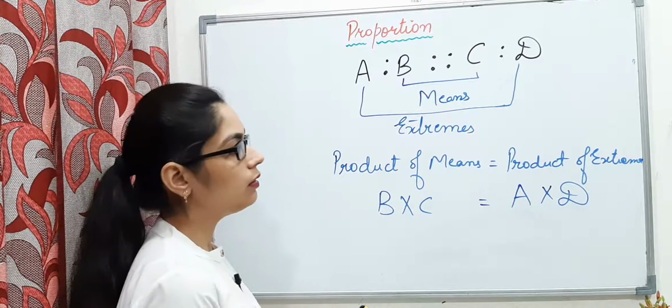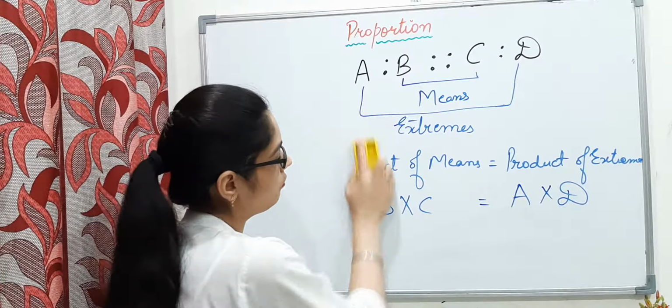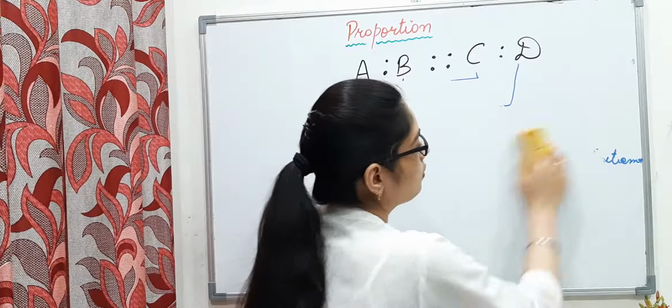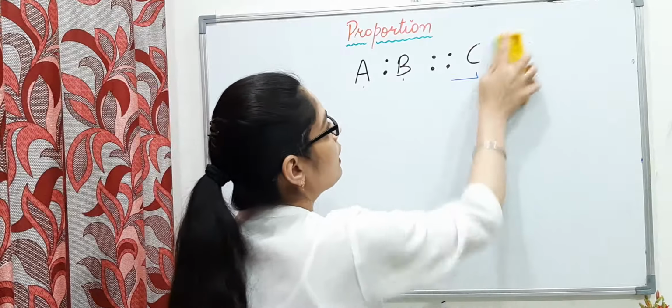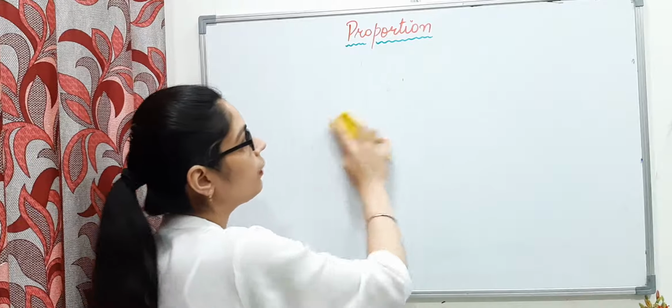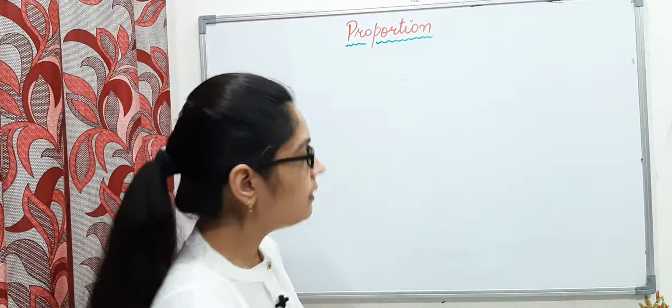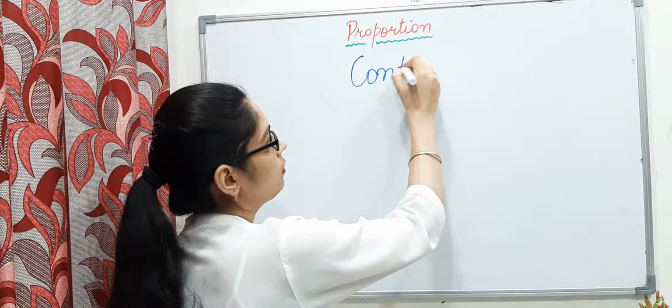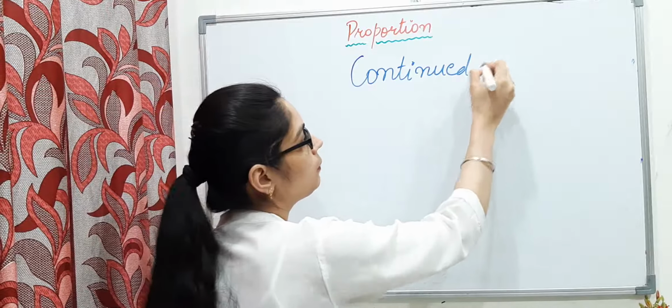Now we have another kind also, in which we have only three quantities, only A, B and C. That is continued proportion.